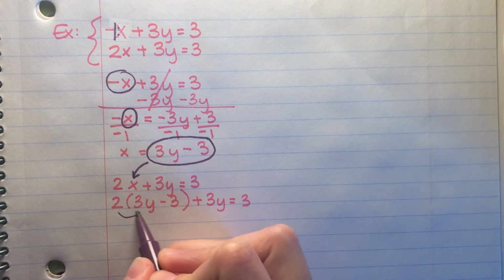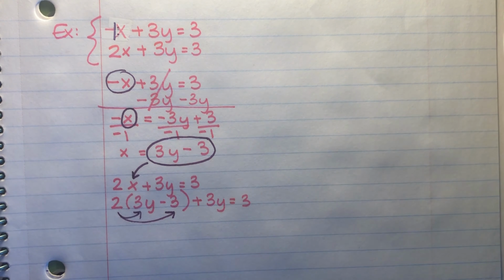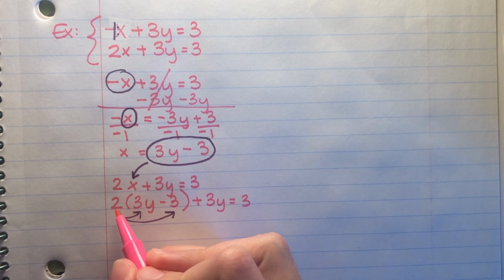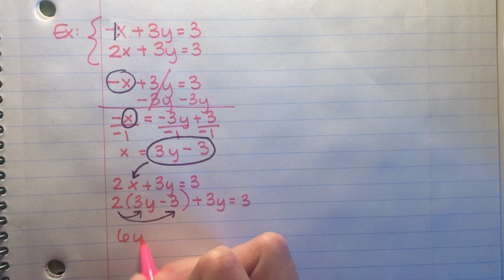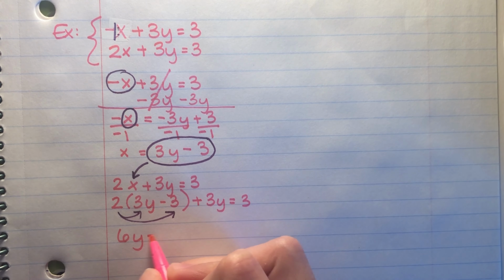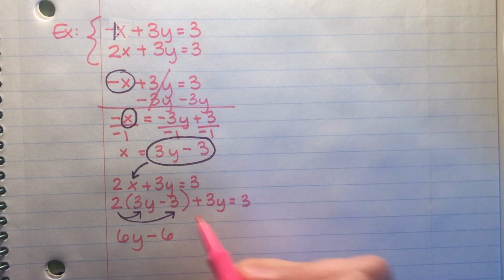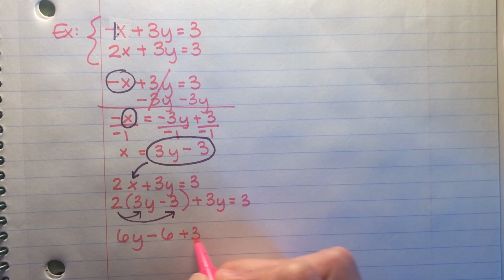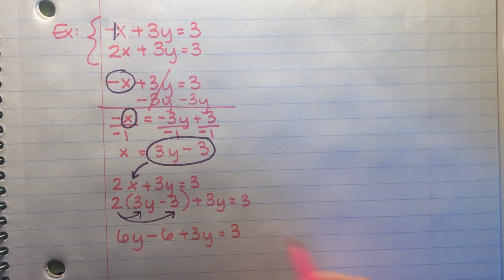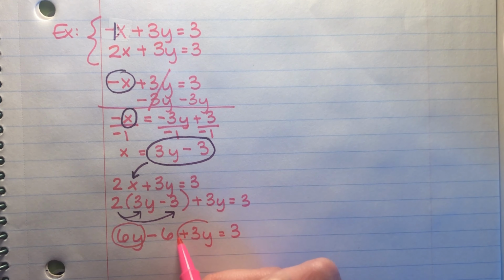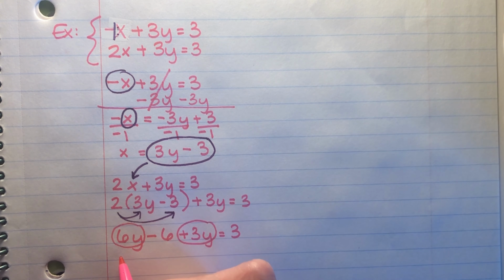My next step is to distribute all the way across my expression. So 2 times 3y is 6y. 2 times -3 is -6. And then we copy down the rest of our equation. My next step is to combine like terms. So here 6y and 3y are like terms.